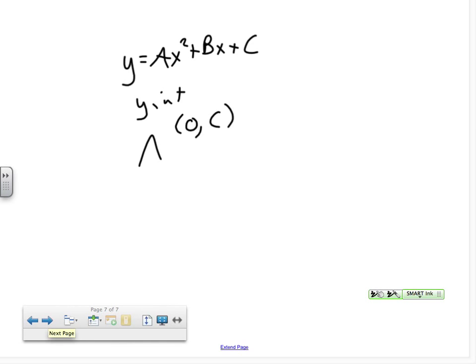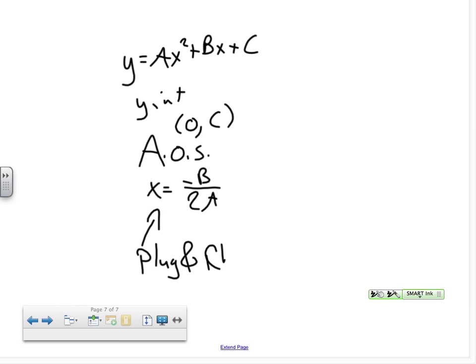Our axis of symmetry, x equals -b over 2a. And our vertex, we can find by doing a plug and chug with -b over 2a into our equation. Plot those, make sure to use your axis of symmetry for reflection, and then do one more point. Make sure you don't get a funky shape.